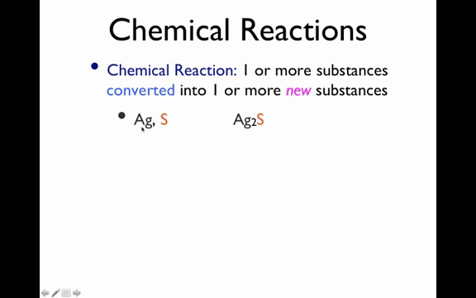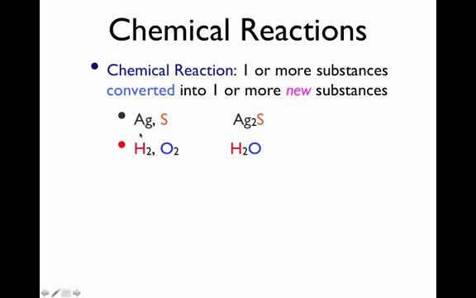There are certain circumstances where you can take pure silver and pure sulfur, and under the right conditions, you can mix these two things together, and they actually end up becoming attached to each other. You end up attaching two silver atoms to one sulfur atom, and you make this thing over here, which is called silver sulfide. Again, you don't need to know the name of this. I'm just giving you an example of a chemical reaction. You start with two things over here that are separate, you do some magic, and then you end up getting them attached to each other.